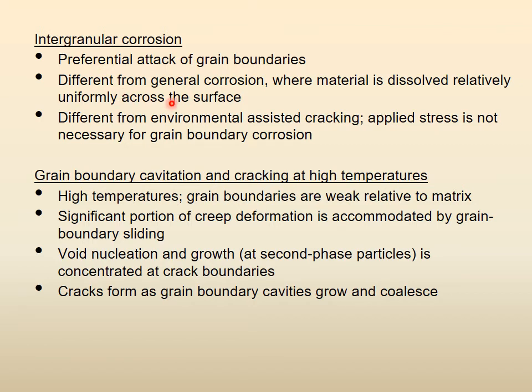General corrosion is very general, where there is a dissolving of all the material everywhere on the surface because of corrosion. And environmental assisted cracking needs some applied stress together with the environment. So grain boundary corrosion is just corrosion that happens on the grain boundaries.